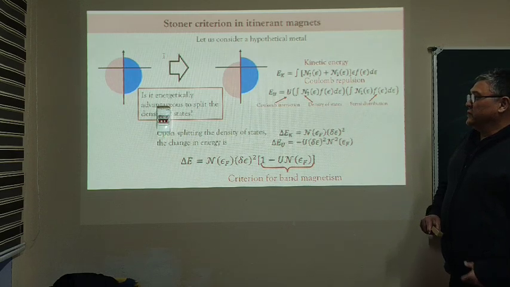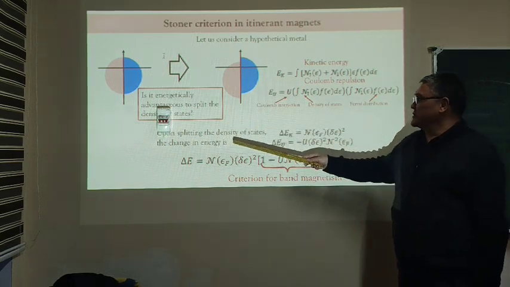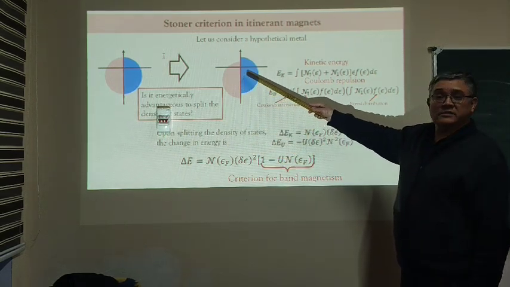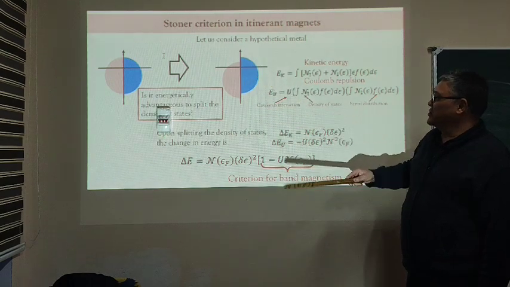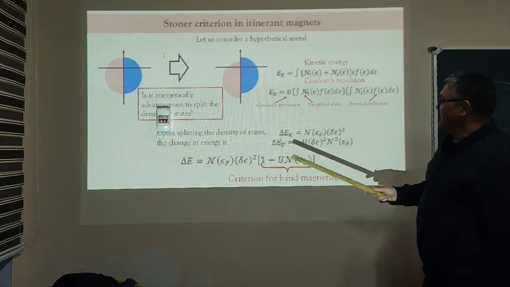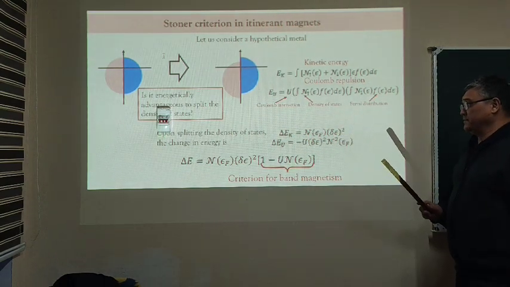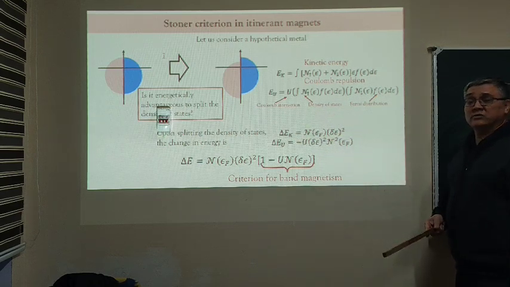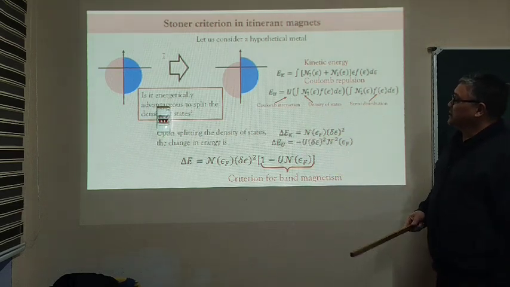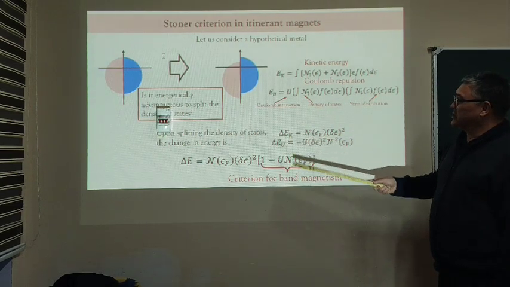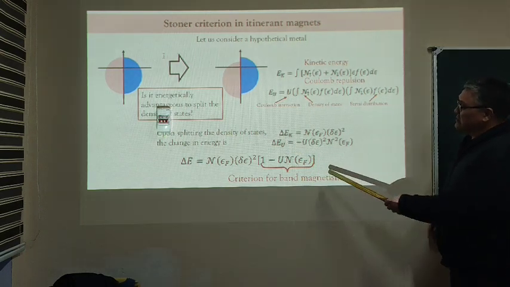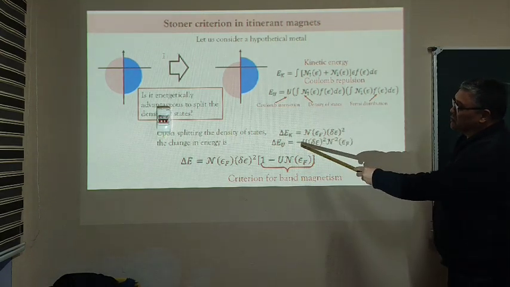So if we look at splitting the density of states, let's consider that they have a splitting of energy, and this splitting of energy is equal to delta E. Now in this case, if we calculate the energy change for kinetic energy and potential energy, these changes will look like this.